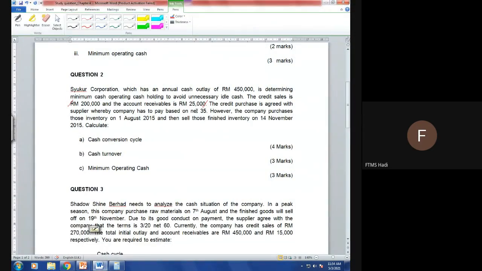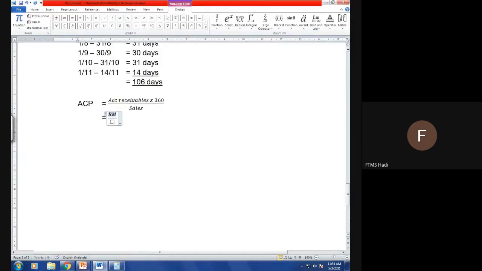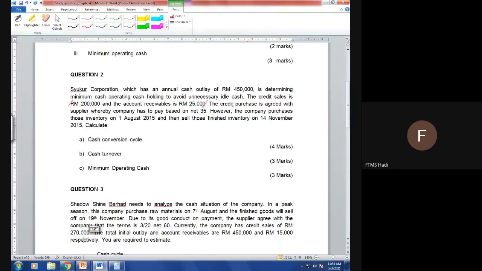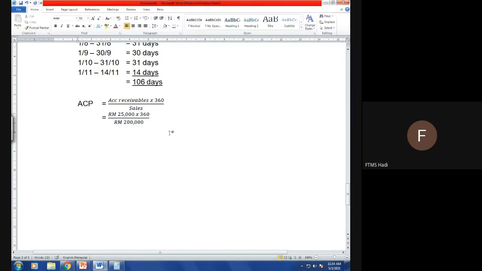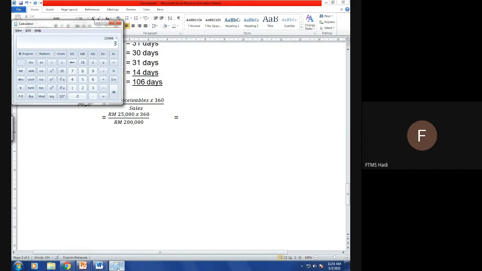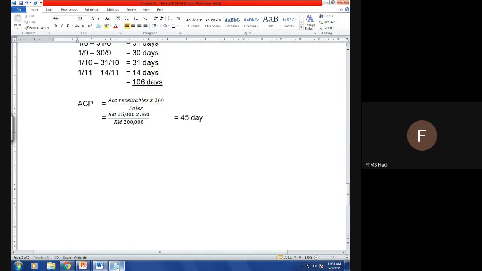This one, 25,000, multiplied by 360 divided by sales. Where's the sales? The credit sale is 200,000 ringgit. If you press the calculator, 25,000 multiplied by 360 divided by 200,000, you will get 45.